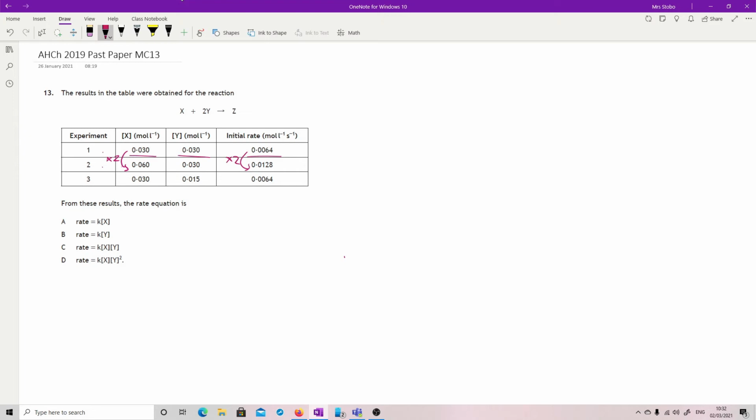So that tells me, if I'm doing my rate equation, making my k little, that X is definitely in the rate equation with a 1, first order. You don't have to put the 1 in though. Then we look at number 3 in comparison to 1.